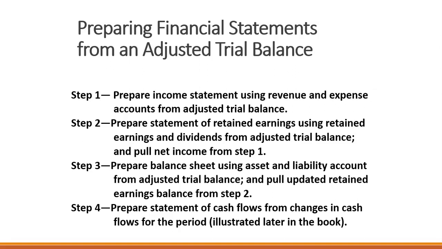We then create our balance sheet, and the last statement we create is the statement of cash flows. So, as I said previously, we are going to have an entire chapter on how you prepare statements of cash flows at the very end of the semester.